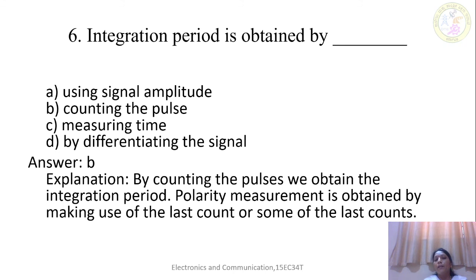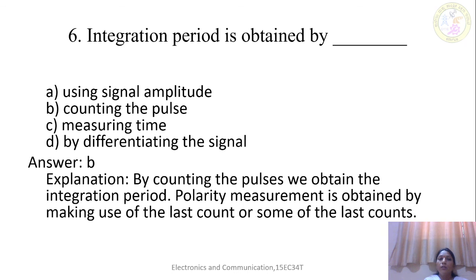So, in polarity indication, you know that the integration period is measured in terms of the number of clocks counted by the counter. Hence, by counting the pulses, we obtain the integration period. Polarity measurement is obtained by making use of the last count or sum of the last counts. Hence, integration period is obtained by counting the pulses.